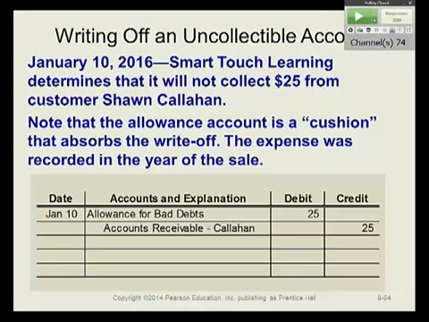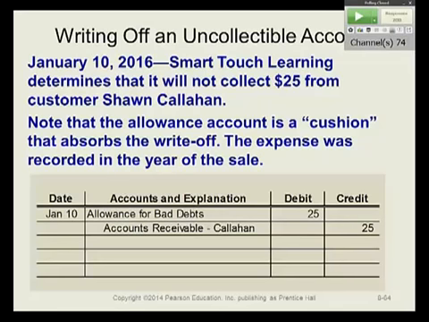So the journal entry debits the allowance and credits the receivable. Now you're also going to credit the receivable in the subsidiary ledger. So at this point, you could go into the subsidiary ledger and write off the account because you know who the customer is. You've got the customer's name. And for sure, you know who's the bad debt.